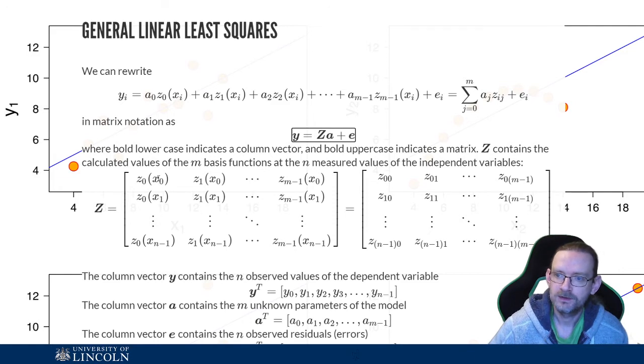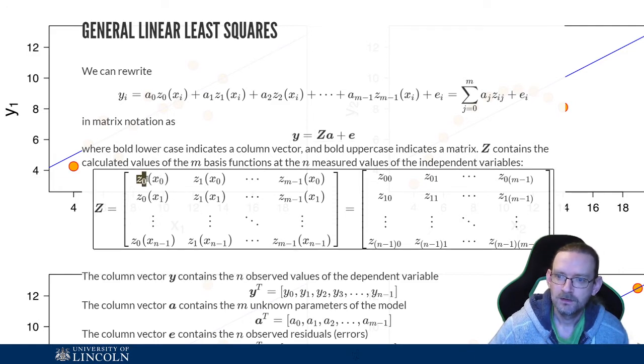It's going to be a matrix that contains the first basis function evaluated at the first position. Going across the columns, all the first row are going to be evaluated at the position of the independent variable of the first measurement, where we evaluate the different basis functions at that point, and then we do the same there.